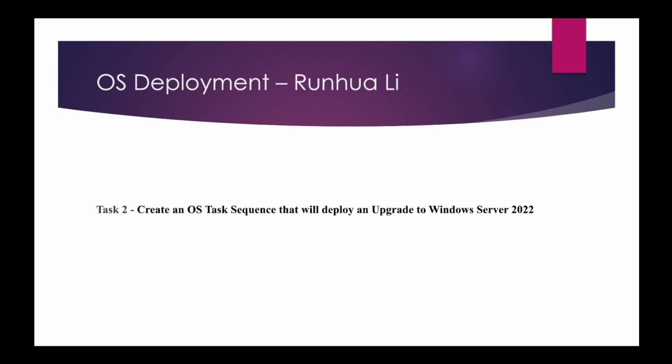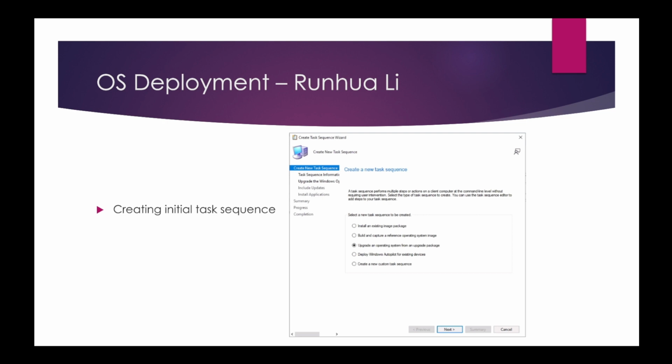This is Runhua, and I will present how to create an OS task sequence that will deploy and upgrade to Windows Server 2022. This is creating the initial task sequence, and you can see that I select the third option.